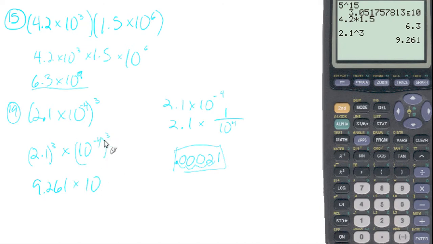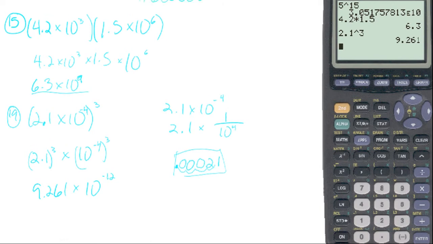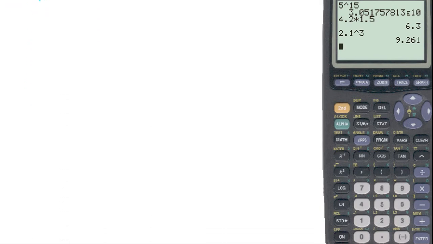When you raise a power to a power, you multiply the exponents, so you get negative 12. So 9.261 times 10 to the negative 12. If we wanted to see what this was, we would move the decimal place 12 places to the left. That's a really small number. It's just more convenient to write it in scientific notation, and that's why we do it. Number 20.